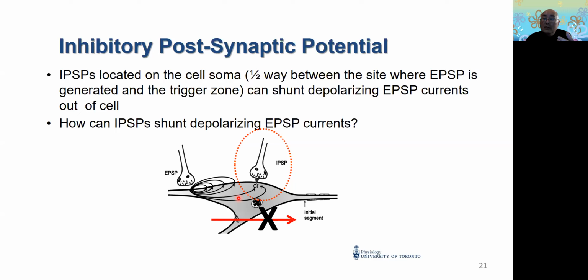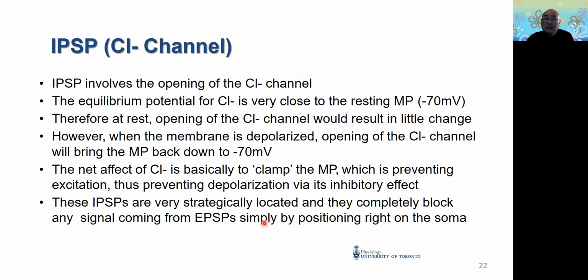Hopefully it's going to be above threshold by the time it reaches this initial segment, but we also have this other inhibitory synapse here. If it happens to fire pretty close to the time this is spreading down, what might happen? What will happen with this IPSP in terms of blocking this particular signal? And you can see that it is indeed blocking the progression of this signal. So this IPSP is a unique-ish situation.